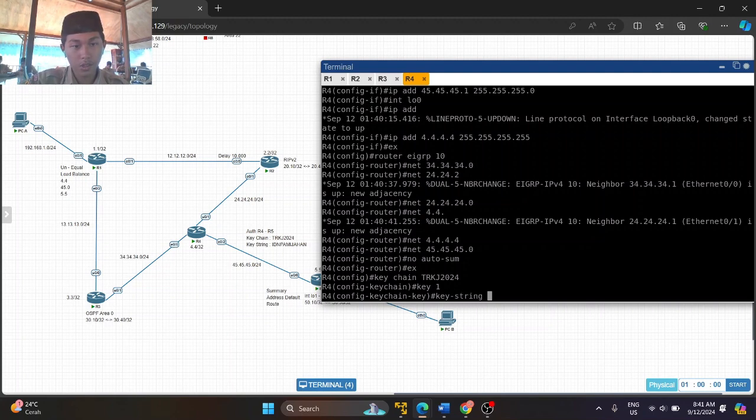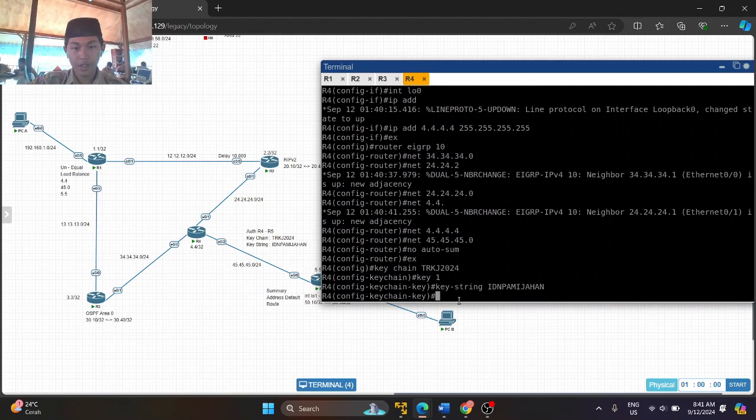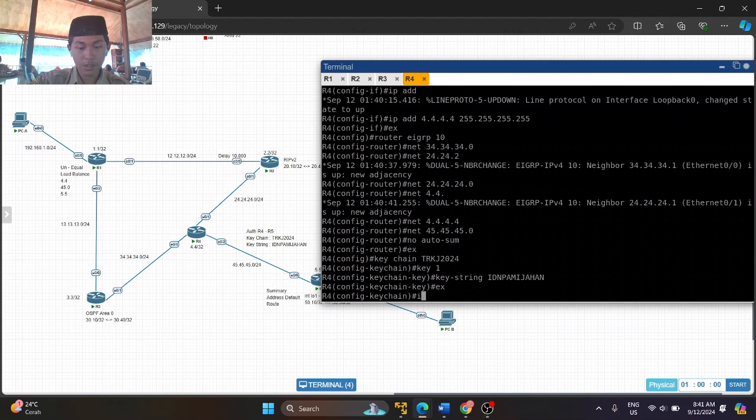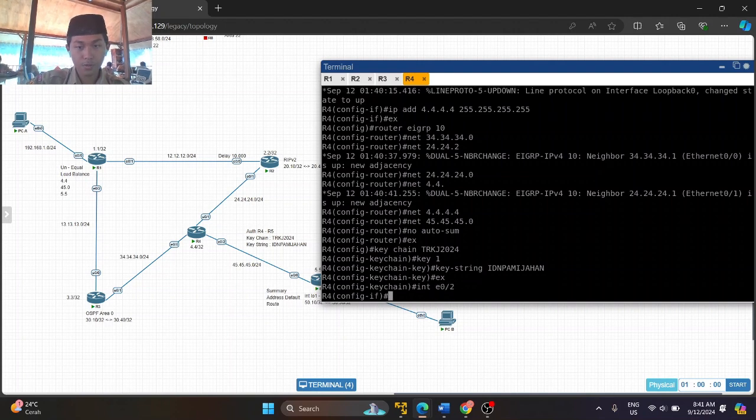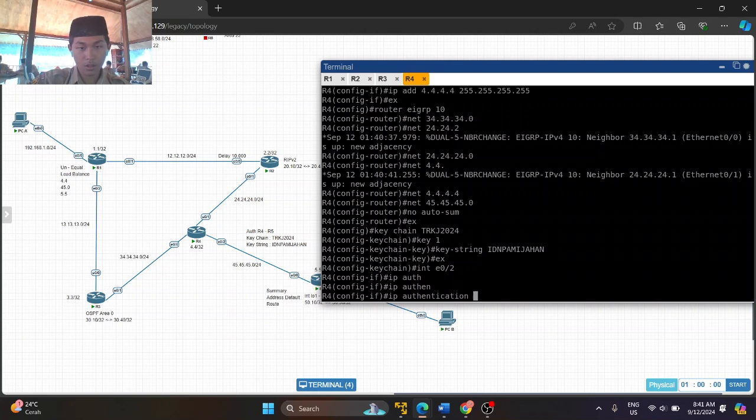Okay, string IDN Pamija. Then exit, interface is 0/2, IP authentication.